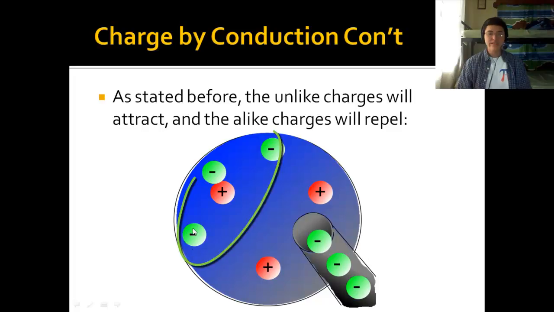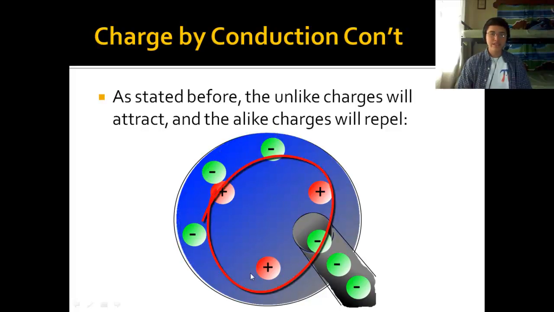Note how the negative electrons in the sphere move away from the negative rod, while the positive protons remain the same because they can't move, even though they are attracted to the rod.